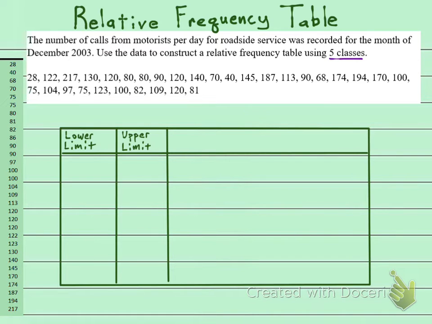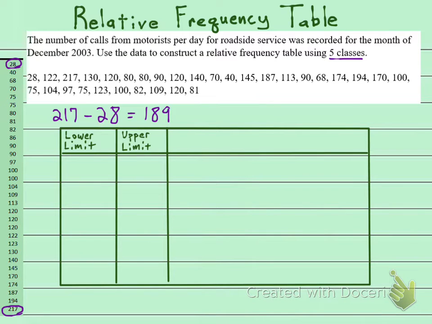If I need 5 classes to fit all of these values, I need to find the difference between my highest value, 217, and my lowest value, 28. So I'm going to take 217 and subtract 28, and the difference is 189.